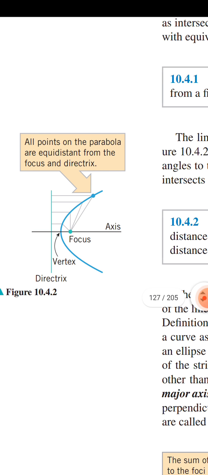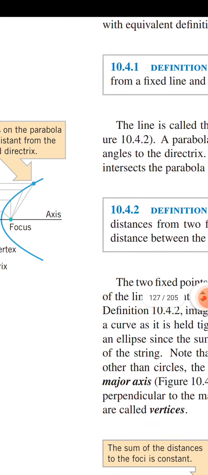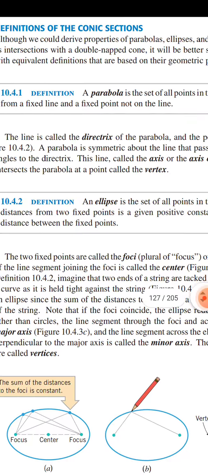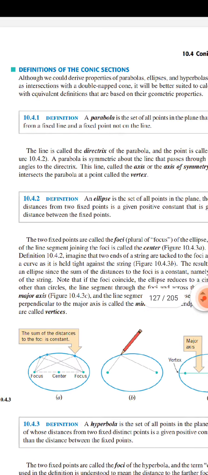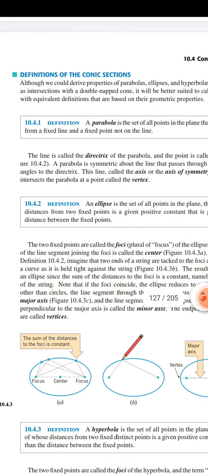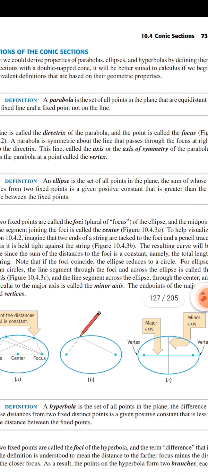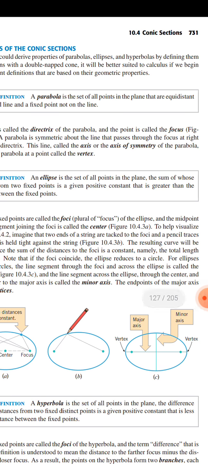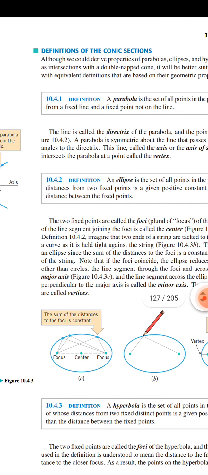The first point written over here is that all points on the parabola are equidistant from the focus and the directrix, which I have already told you. The line is called the directrix of the parabola and the point is called the focus. A parabola is symmetric about the line that passes through the focus at right angle to the directrix.